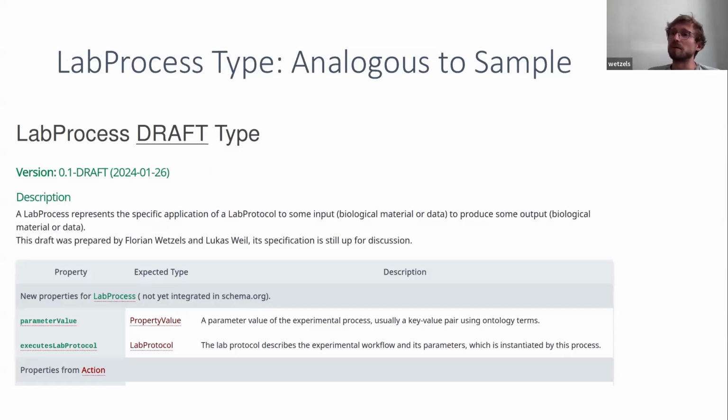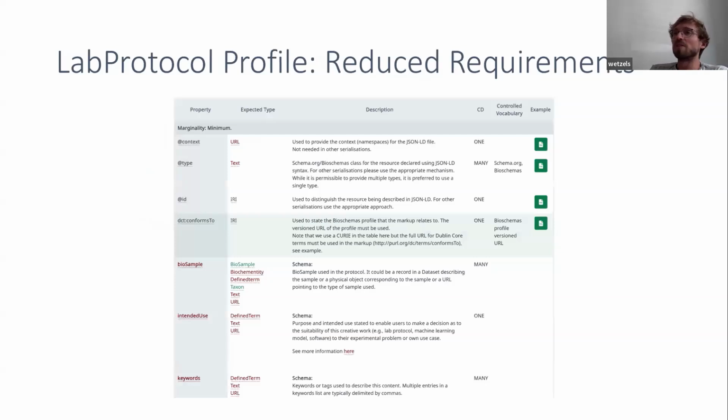So we have this property parameter value that points to a property value, which is just a key value pair where you can assign anything that you want. You can have a temperature as the key, and then the specific value, 35 degrees, as the value. And then you also have the executes LabProtocol property, which points to the protocol that has been used for this process.